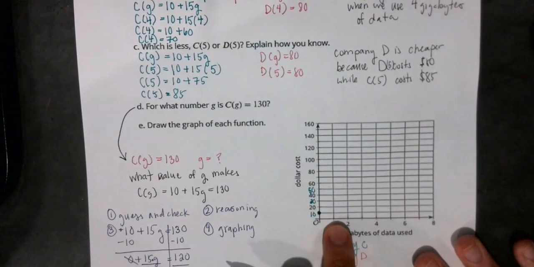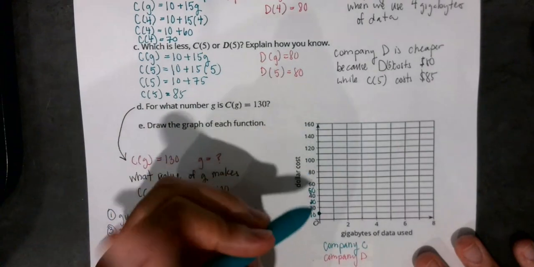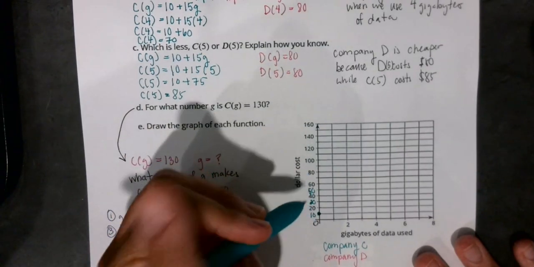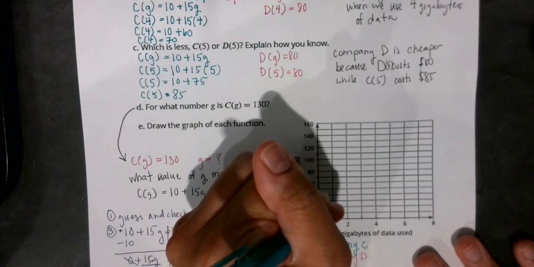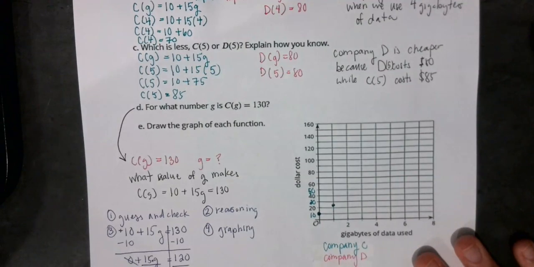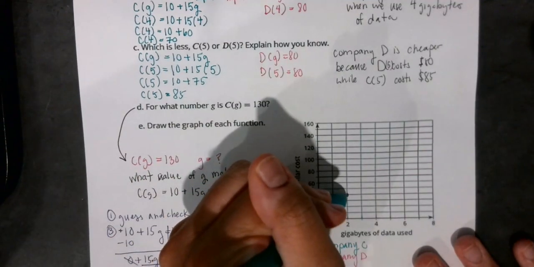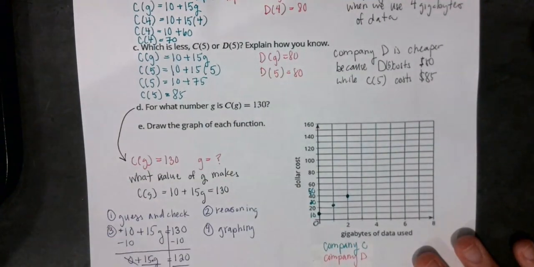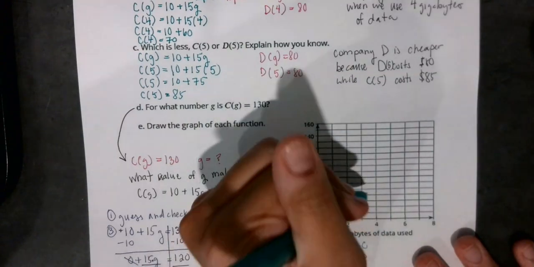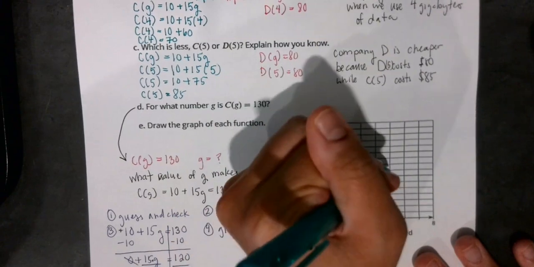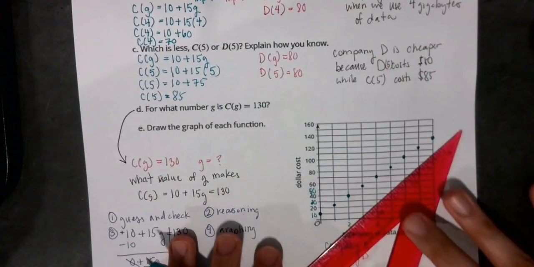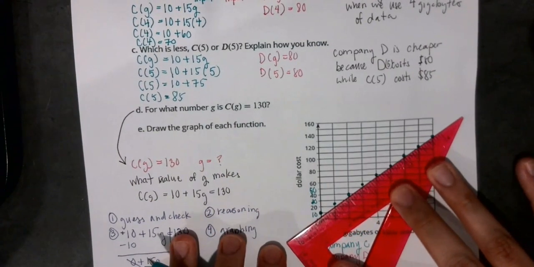So if I'm spending $25, I'm going to be between $20 and $30 here for 1 gigabyte. For 2 gigabytes, I'm going to add another 15 to that. So 25 plus 15 is 40. So 2 gigabytes is going to be $40. And I could just continue this pattern of adding 15 for each gigabyte I use. Connect my points to make a straight line for company C.